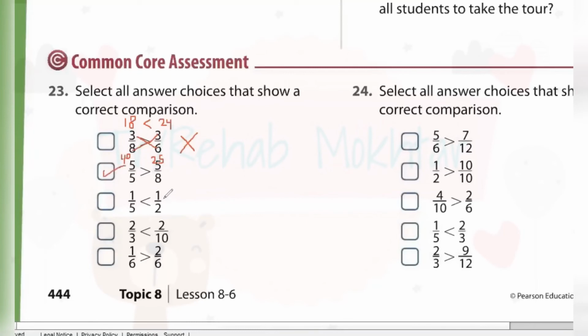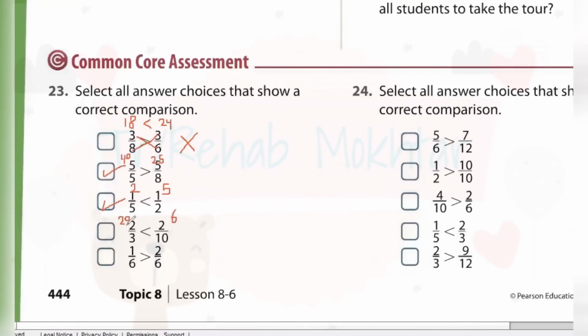1 out of 5 and 1 out of 2. Multiply. 2 times 1 equals 2. 5 times 1 equals 5. So 5 is more than 2, or 2 is less than 5. So this is correct. 10 times 2 equals 20. 3 times 2 equals 6.